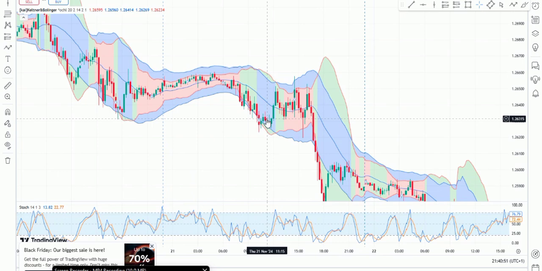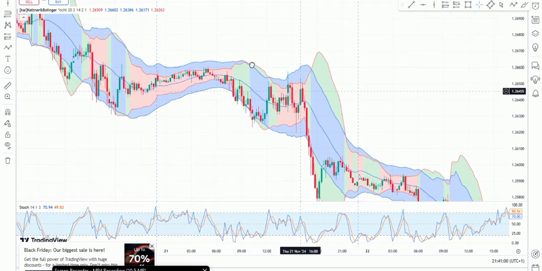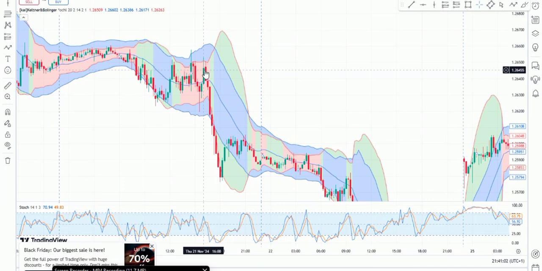Yes. So I will be sharing with you the two indicators that we're going to be using. First is the Bollinger Band that you can see on my charts. The Bollinger Band and the stochastic indicator, which are used to identify high probability trade entry.